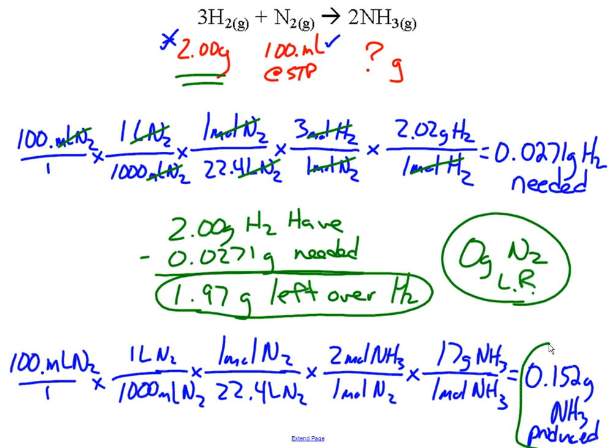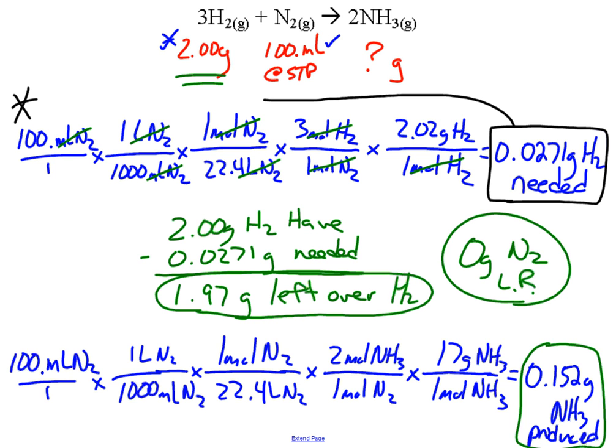So again, to go back through, what we did here was we chose one of the reactants, and we figured out how much of the other reactant we would need. The analysis of the amount we need and the amount we have tells us what our limiting reactant is.